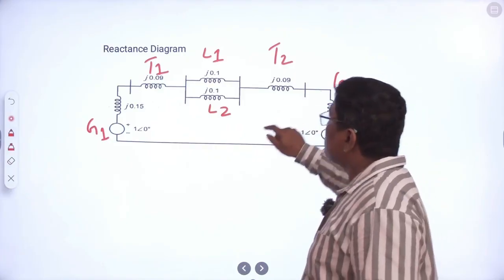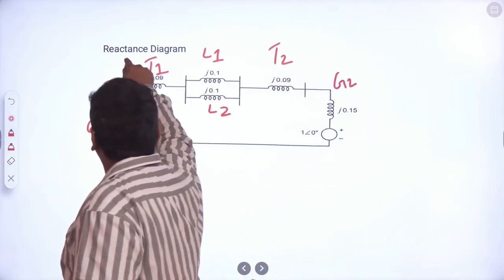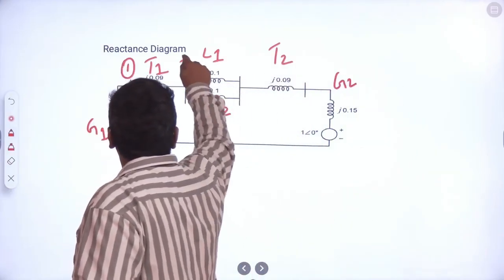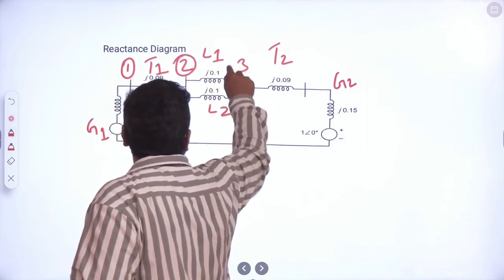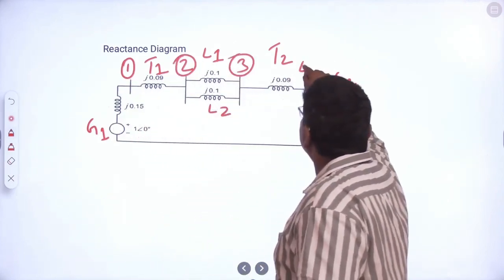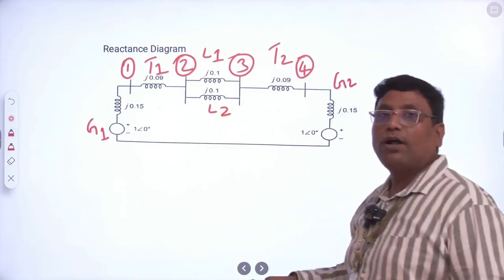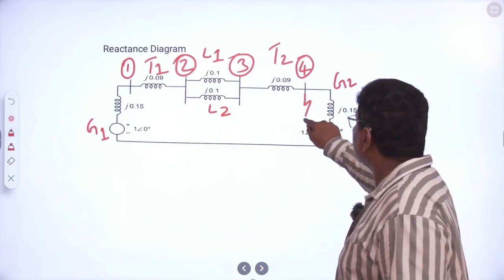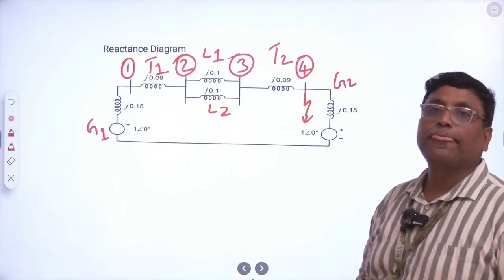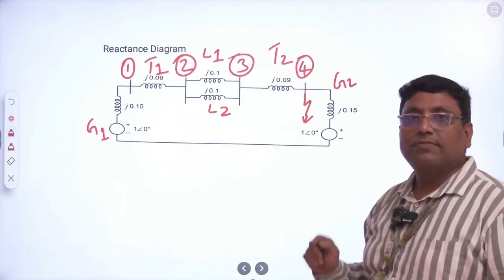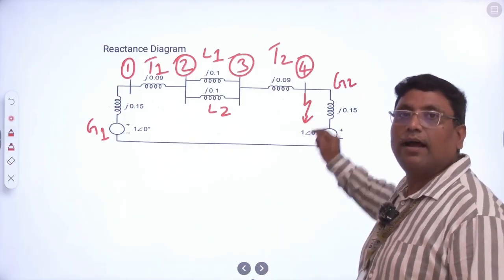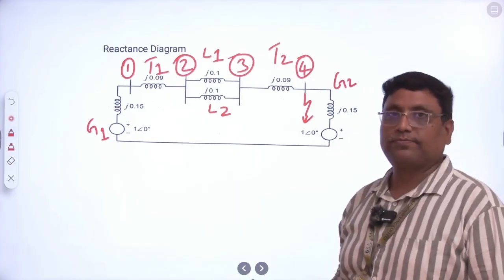The fault occurs in the fourth bus. So bus number 1, bus number 2, bus number 3, so this is bus number 4. So fault occurs in the fourth bus. Now find the symmetrical fault current at bus number 4.